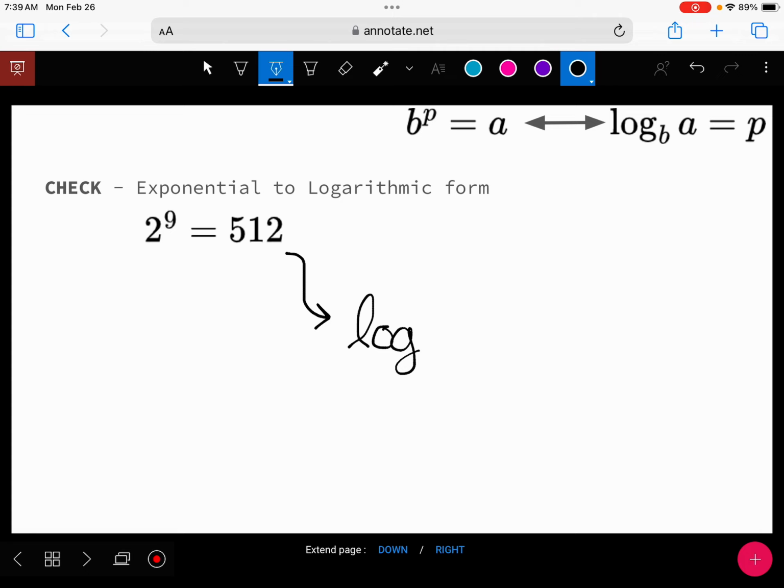Okay, that just starts with log. Log base 2 of 512 equals 9. Boom shakalaka.